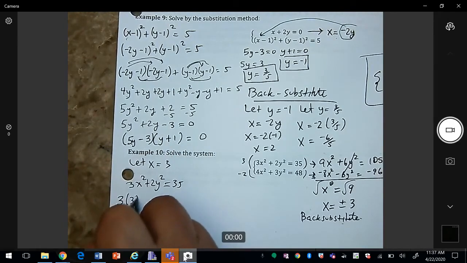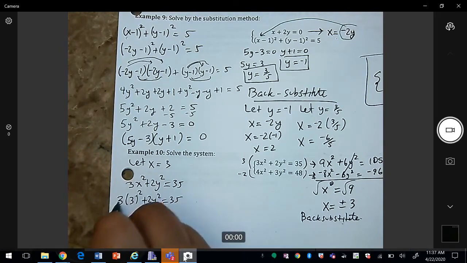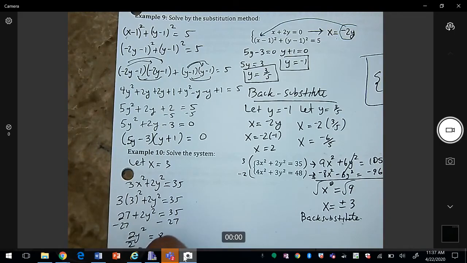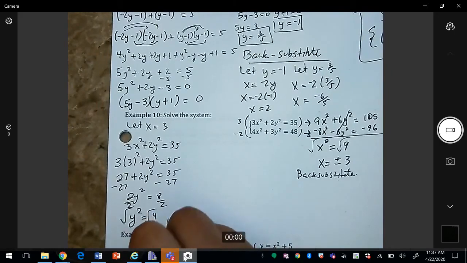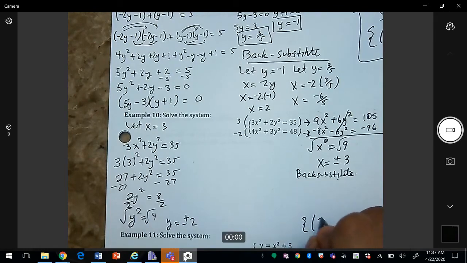So 3 times 3 squared plus 2y squared equals 35. 3 squared is 9 times 3 is 27, plus 2y squared equals 35. Subtract 27. So we get 2y squared is equal to 8, divided by 2, y squared is equal to 4. Take the square root. So we get that y is equal to plus or minus 2. So when x is 3, we get y is equal to positive 2, but we also get that y is equal to negative 2.